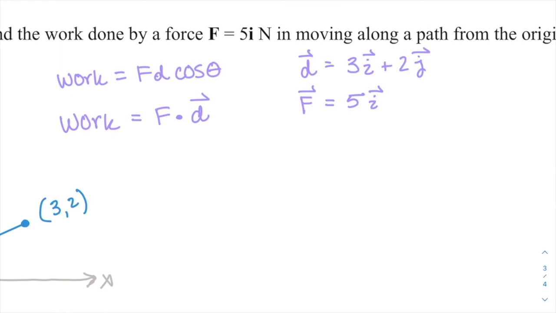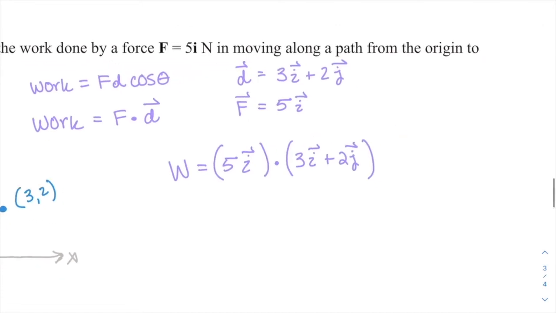So work is equal to 5I dotted with 3I plus 2J. And so now we just multiply like terms and add them together.